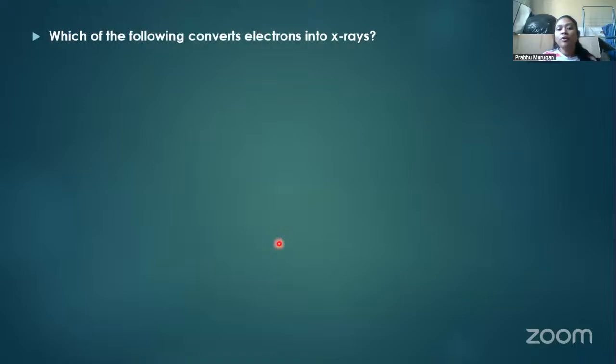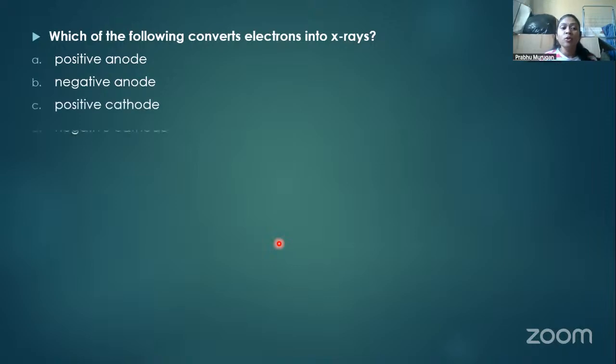So, which of the following converts electrons into X-rays? This was quite a tricky question that was asked. Okay, it's actually easy, but quite tricky. So, which is going to convert your electrons into X-rays is the question, and four options have been given: positive anode, negative cathode. So, to understand that, we need to know one thing very clearly: whether cathode is positive or negative, anode is positive or negative.